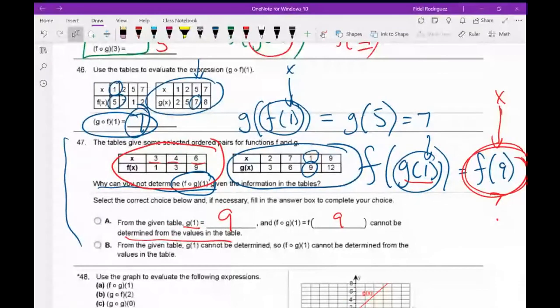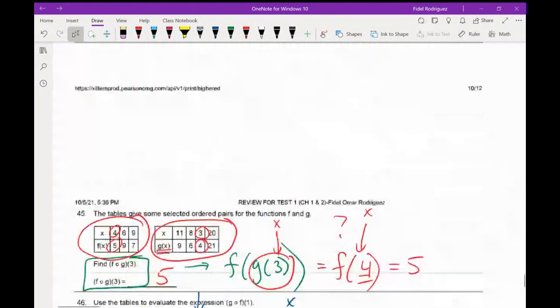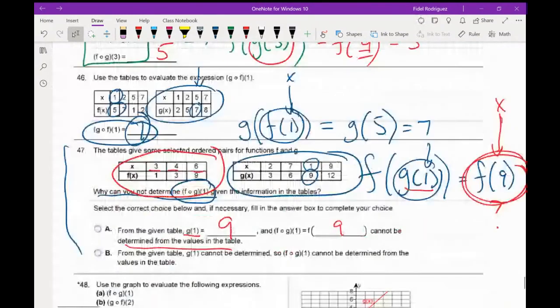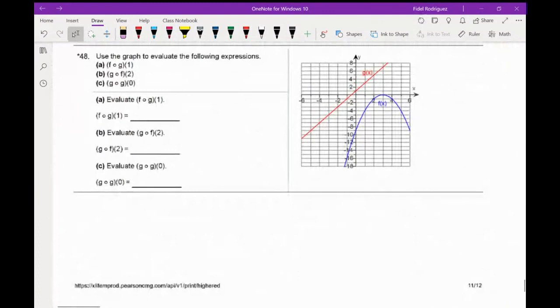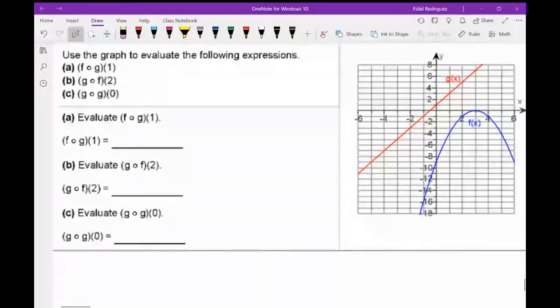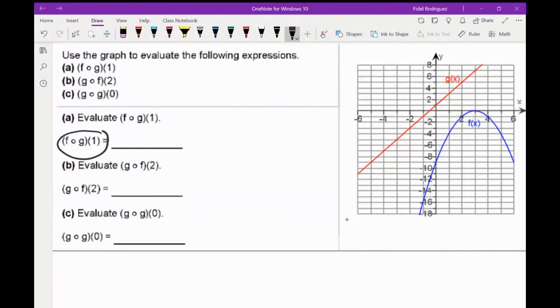So that's 47. So now, look, let's do 48. Guys, 48 is going to be kind of similar to the way we did 42. But again, instead of doing pluses and stuff like that, we're doing the composition. So let me pull it up. Here we go, so we can see it. So let's find this piece first. Remember what this means.